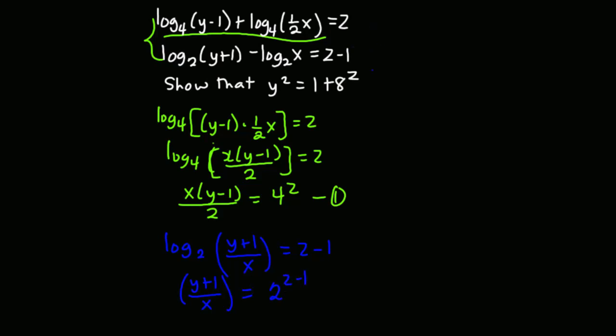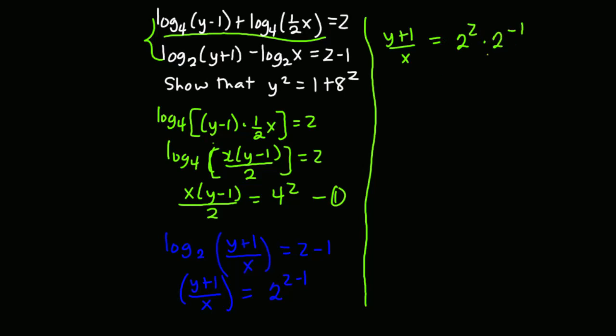So rearranging, we are going to get y plus 1 all on x to be 2 exponent z times 2 exponent negative 1.